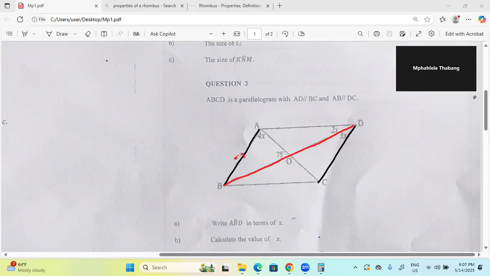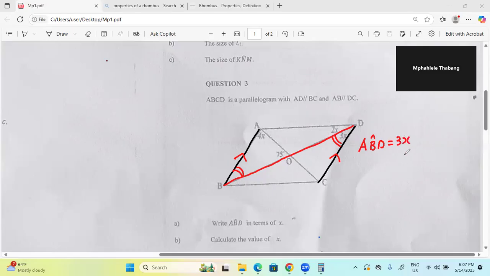So this is parallel to this. Look, we have got a Z shape. So if this angle here is 3x, it means this angle here is 3x. So you say, write ABD in terms of x. You now say ABD is equal to 3x.